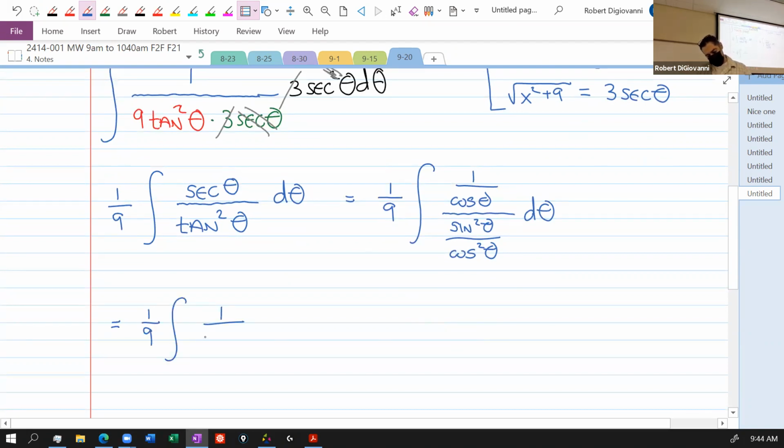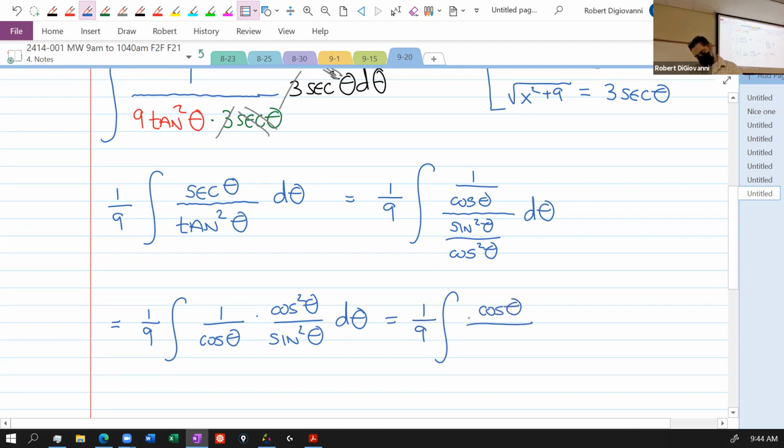So this becomes 1 over cosine theta times cosine squared theta over sine squared theta. I probably don't need to show that step, but I guess it doesn't hurt. One of the cosines cancels. And here's where we are.